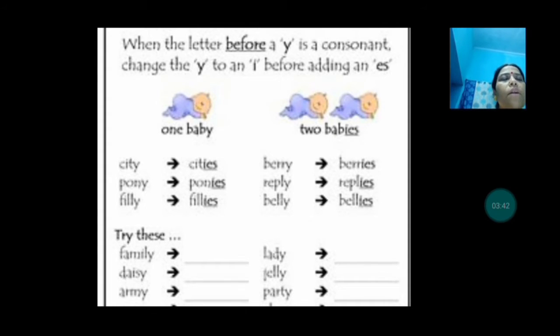One baby, and you can see two babies crawling, smiling. Now pony, ponies, filly, fillies, berry, berries, reply, replies, belly, bellies. So what do we see? In all the words they end with y and before y there is a consonant. So remove y and add ies.